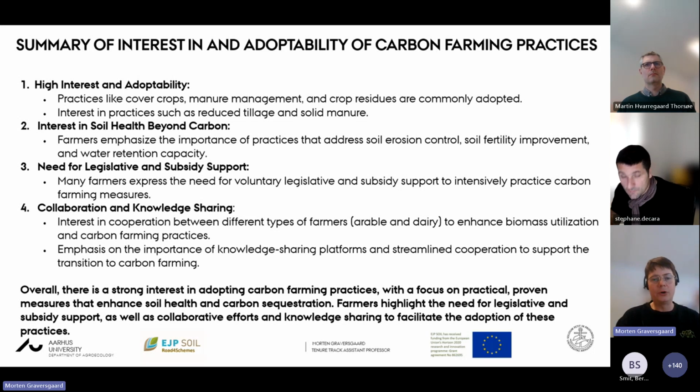There are 4 different learning points. We found a strong interest in having more carbon farming practices on farms, but also interest in adaptability. For example, practices like cover crops, manure management, and crop residues are already commonly adopted among many of them, but there is also interest in practices such as reduced tillage and manure application in general.